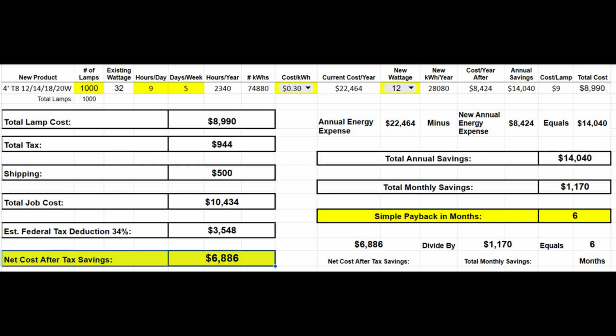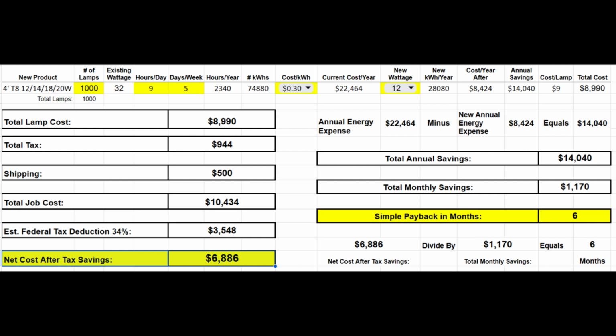When we deduct the $3,548 tax deduction from the total job cost of $10,434, this brings the net cost after tax savings to $6,886. I have that highlighted for you.